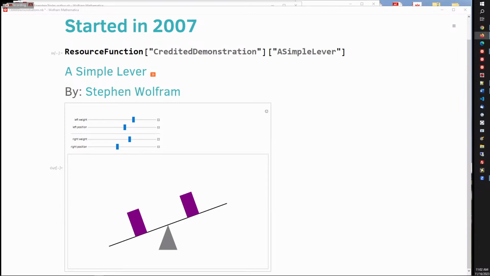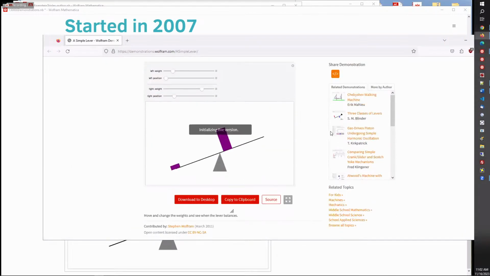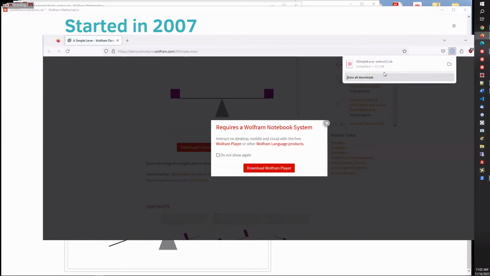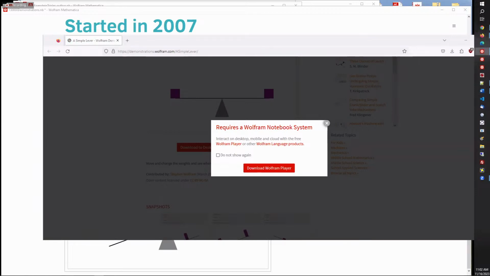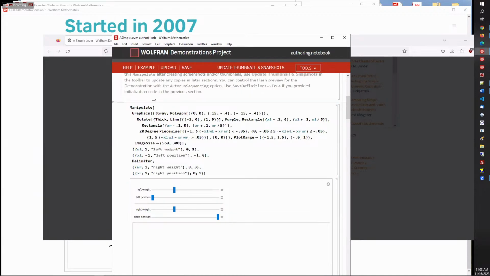Let me see here. Here's the item on the site, and we can take a look at the code for this. So let's open this up here. So here's the code that he was writing while I was on the phone with him.